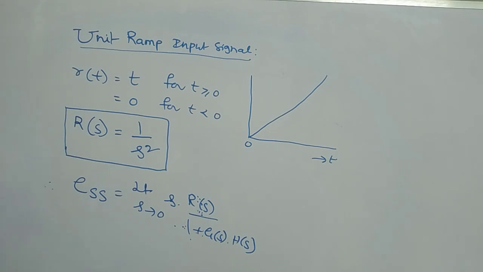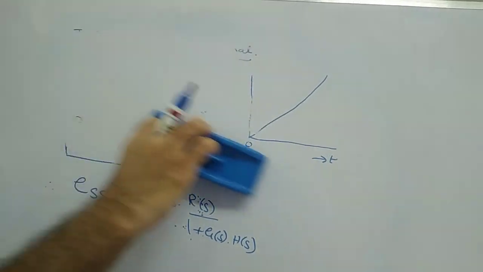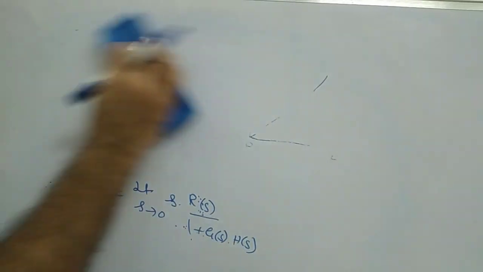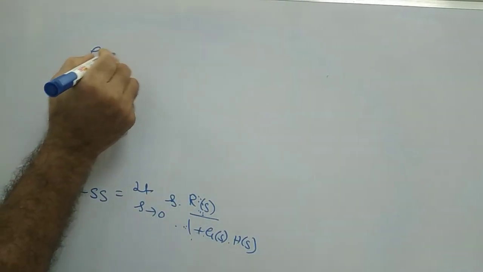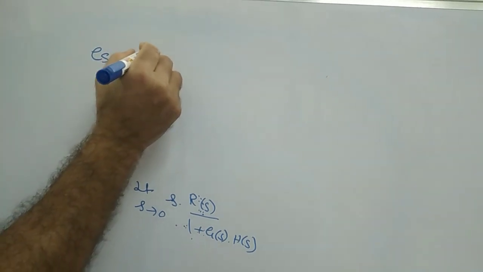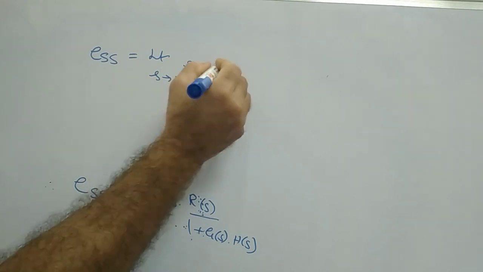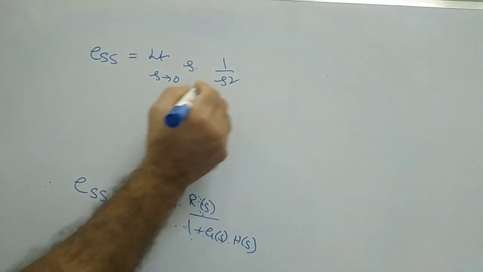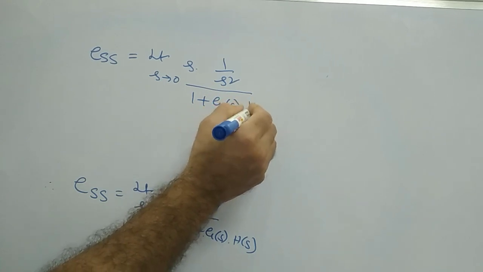Clear? So I will write for you. Here ESS is equal to limit s tends to 0 of R of s, which is nothing but 1 by s square, by 1 plus G of s into H of s.